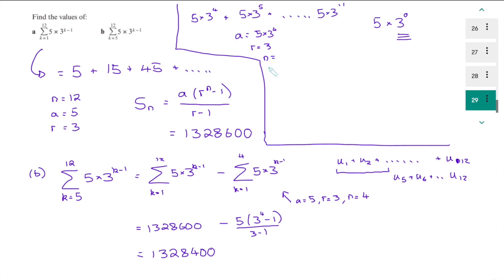So this is where you've got to be very careful. How many terms have I got here? Sometimes it's very tempting to just say I've got 12 minus 5, I've got 7 terms. But you have to be really careful. We've actually got 8 terms, okay? The way to convince yourself, if you're at all doubtful, is to think, if it was k equals 5 to 6, how many terms would I have?